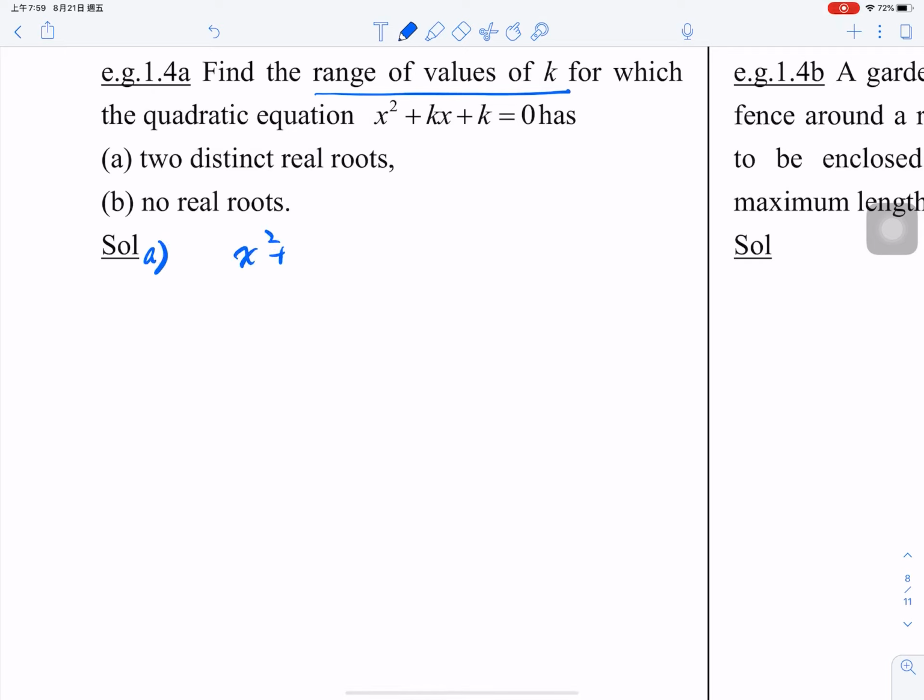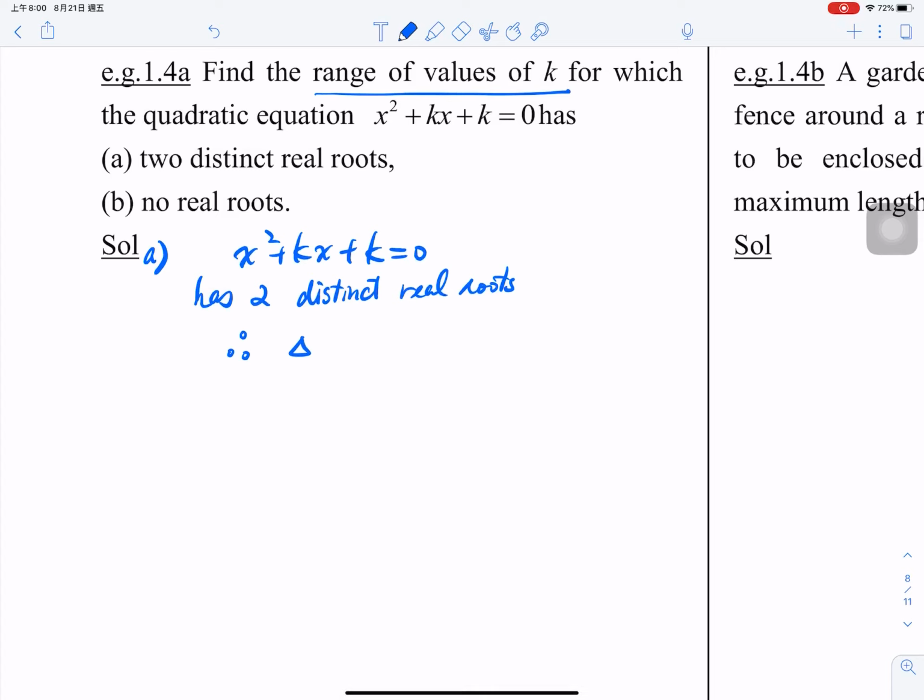x squared plus kx plus k equals 0 has two distinct real roots. What means of this? Do you remember? Yeah, you should answer me immediately. Correct. About the delta. Which case?